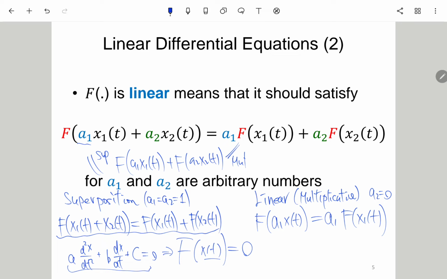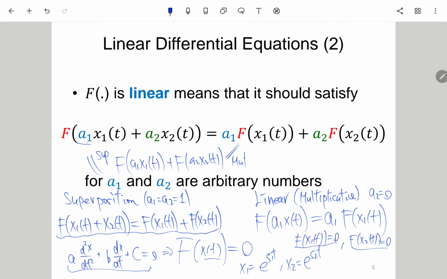If we know that x1 equals exponential to s1 t is a solution, and x2 equals exponential to s2 t is also a solution, then we have F of x1 of t equals 0 and F of x2 of t equals 0.